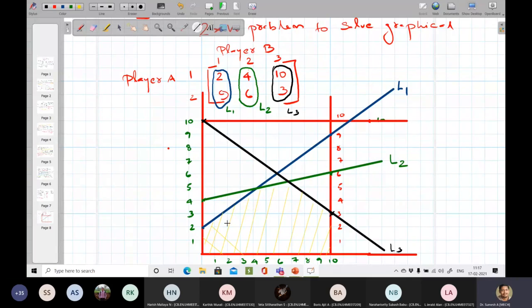You will have points like P, Q and R. If I mark it, one minute, this is the first point.